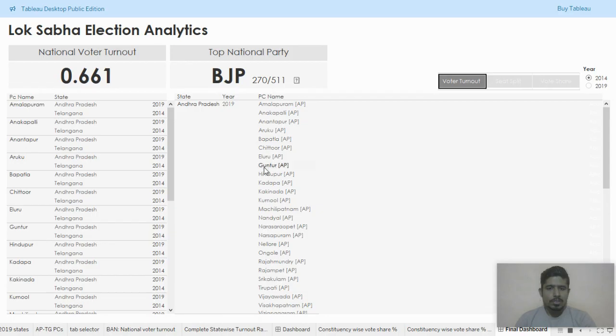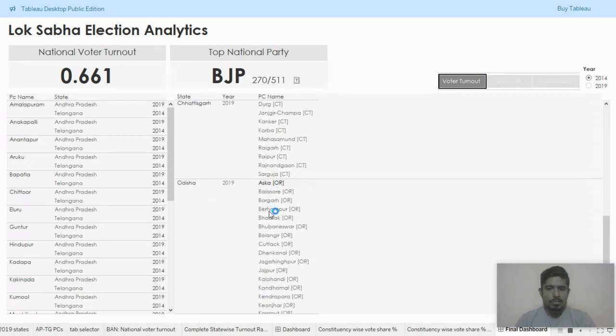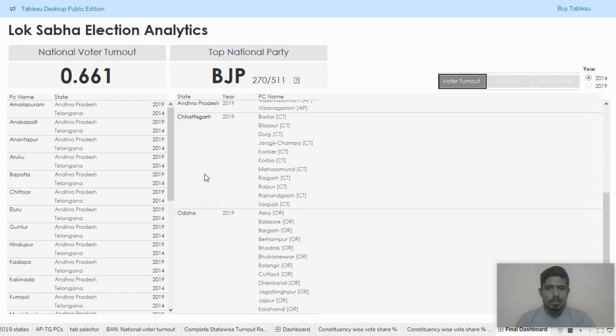So these 25 constituencies did not contribute in the difference between 511 and 543. Rather, these 11 constituencies of Chhattisgarh and 21 constituencies of Odisha, in total 32 constituencies from these two states, contribute in the difference between 511 and 543.